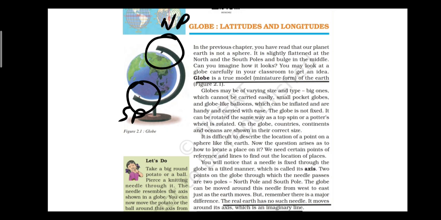Those are just imaginary lines for our help, so that we can understand it more nicely. So it moves on its axis, and an axis is an imaginary line on which the Earth rotates or spins from west to east. So the lines which I have underlined in the slide, you are also going to underline it in the same way, as these lines are important.